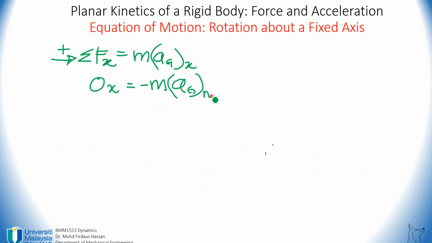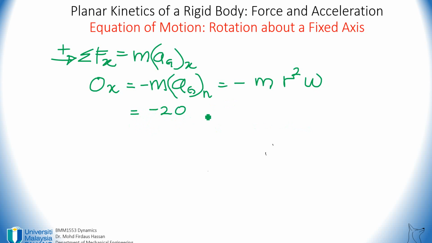AGN. What's the equation for AGN? It is equal to m r omega square. So what is m? M is 20 kilogram.